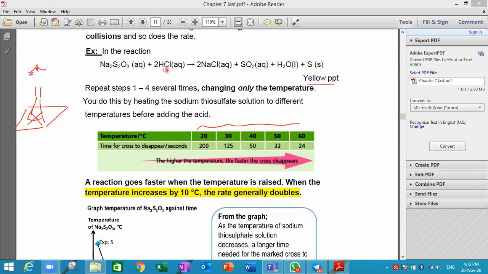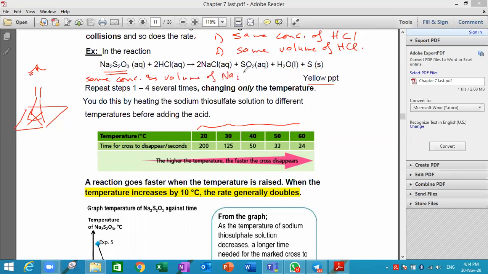And then we are going to repeat the experiment using the same concentration of HCl, the same volume of HCl, and of course the same concentration and volume of the sodium thiosulfate solution.